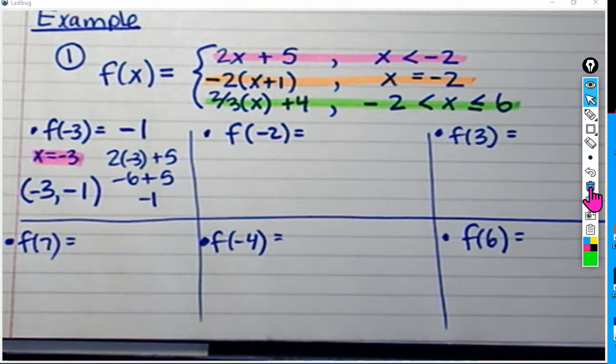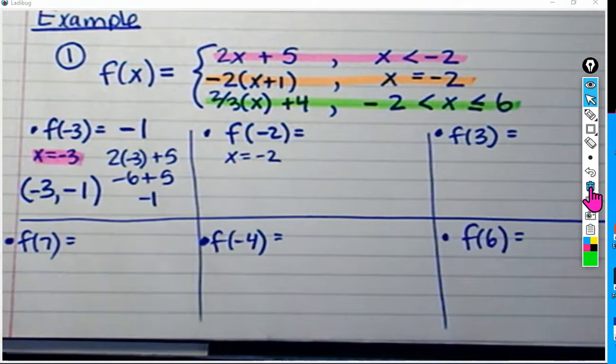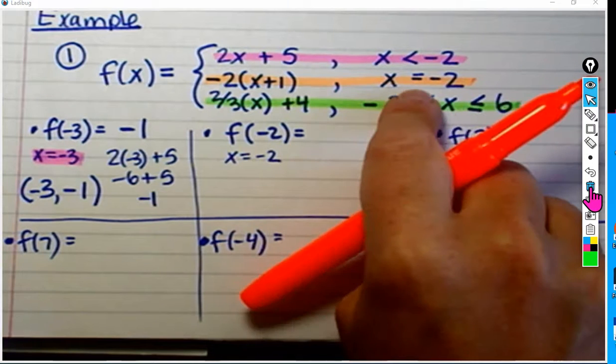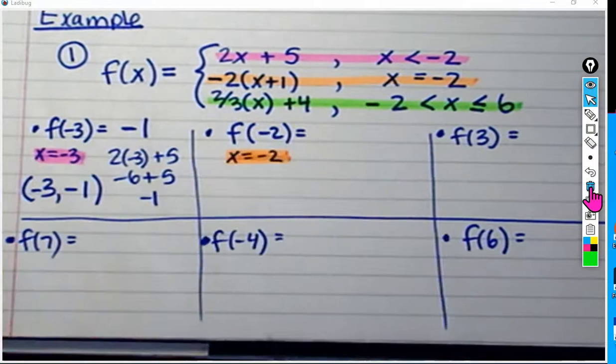Now time for you to participate. Lots of questions. Which domain does x equals -2 fit into? Orange, yeah. Right there. See that? It's orange. Somebody else. What am I going to plug into?